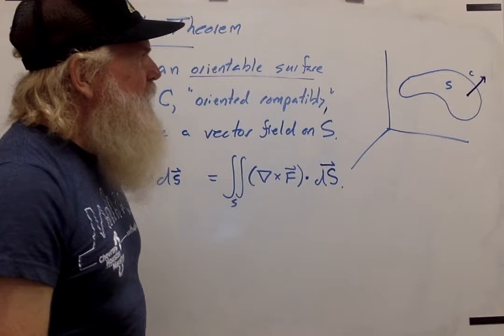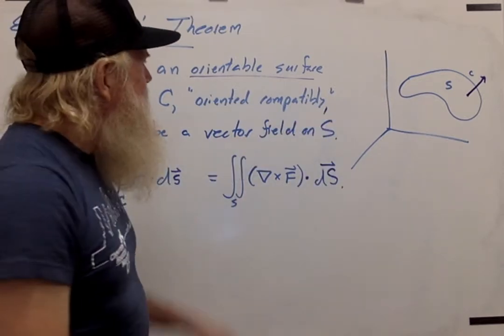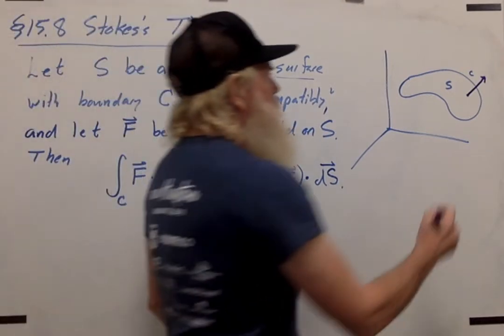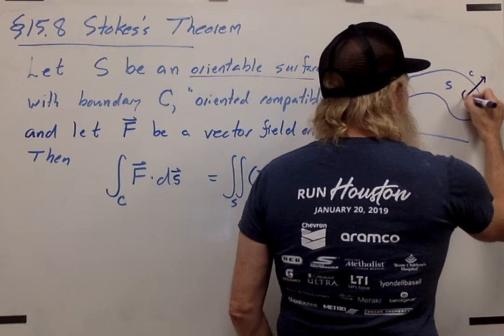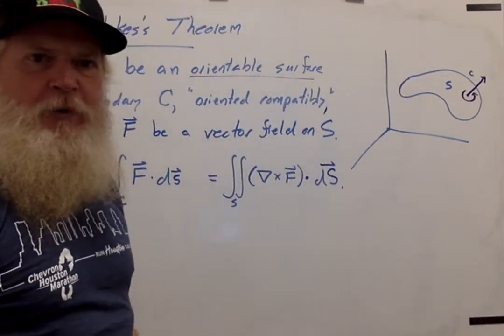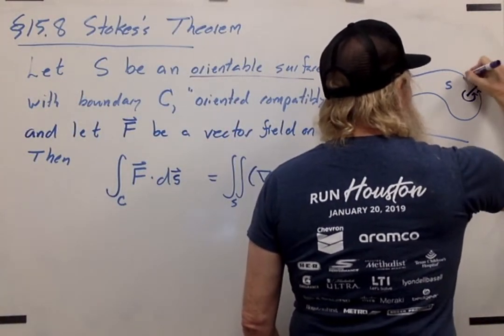So let's say that we've given the surface the orientation indicated by that vector. Then in order for the boundary to be oriented compatibly with that, we need to orient the boundary curve counterclockwise around that normal vector. So along this edge, it would mean going in this direction.